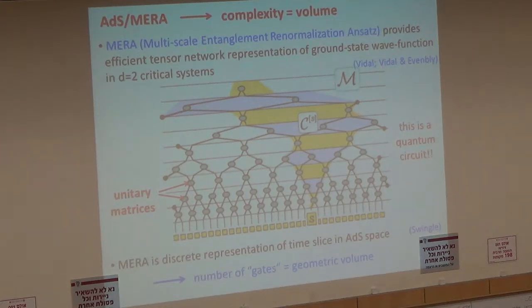And then what I'm going to tell you, additionally, is that in fact there's a continuum version of the MERA network, which was built specifically, or well, the test case in which it was first applied, or one of the test cases, is to build the ground state of a free scalar field.